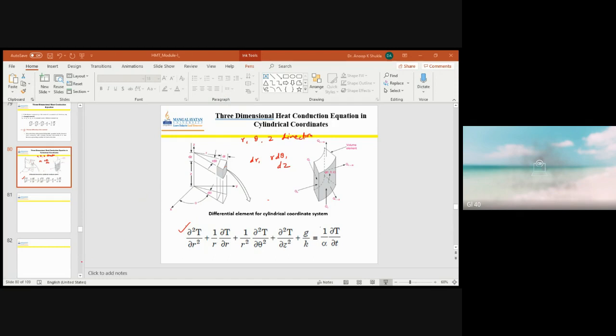So here 1 upon r square del by del r of r square del T upon del r plus 1 upon r square sine theta del by del theta of sine theta del T upon del theta. So this is a long expression. So we will just explain a generalized method for remembering all these forms.